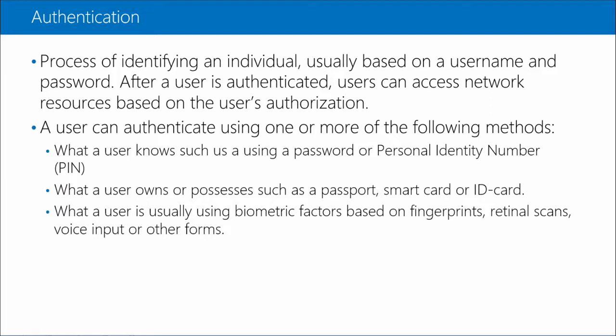Or what a user is, including biometric factors: fingerprints, retinal scans, voice imprints, saliva, DNA, whatever it is you're using to authenticate said person. So those three things: what a user knows, has, or is. The idea is to uniquely identify a person, so you are who you say you are.